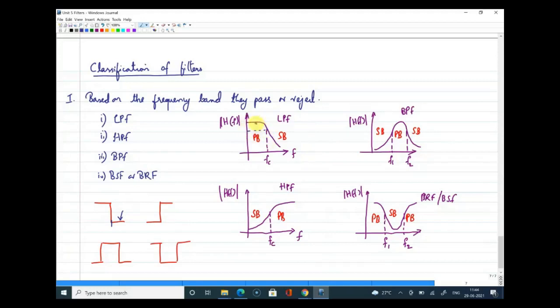We generally define it in terms of decibels, as the frequency where your gain falls 3 dB from the maximum. That specific point is determined as the cutoff frequency. If you ask why 3 dB, that is considered a standard value. After that, you will see a sudden roll off, a sudden fall in the gain of the response.